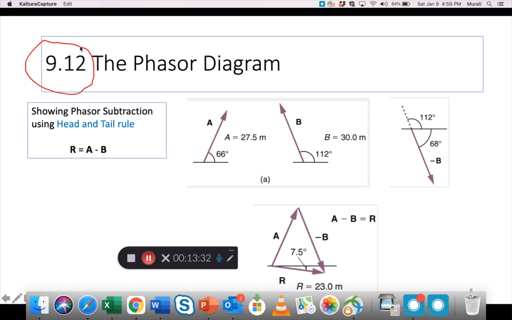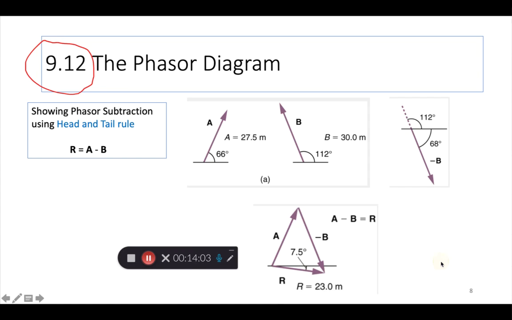It was slide 9.12, and I show you how you can do a graphic calculation of R, which is the resulting vector, there we called it phasor, to do a minus b. So you see a, b, first you reverse it and do a minus b, and then you can do the head to tail rule and come up with the value of R, which is the resulting vector.